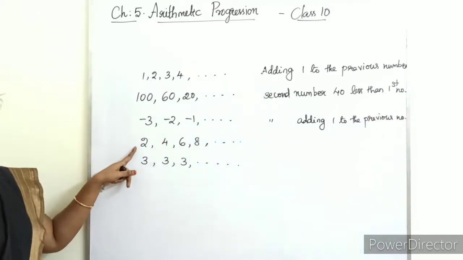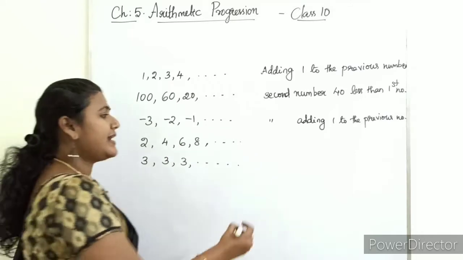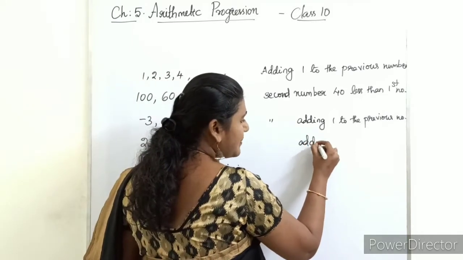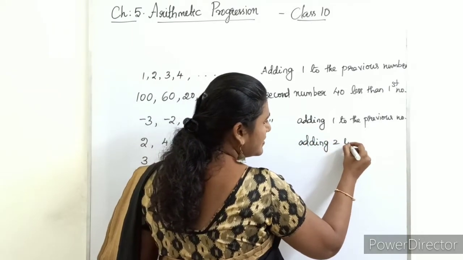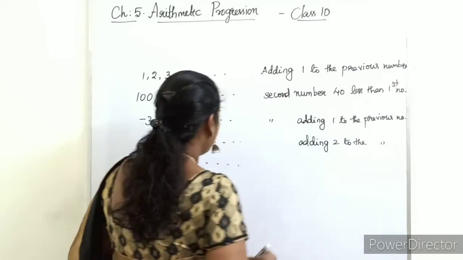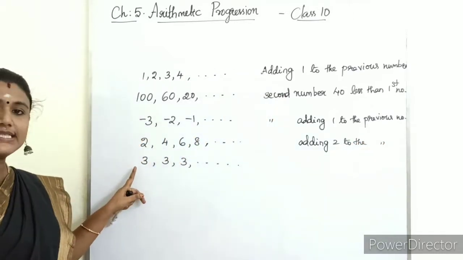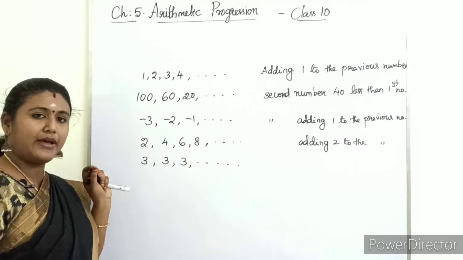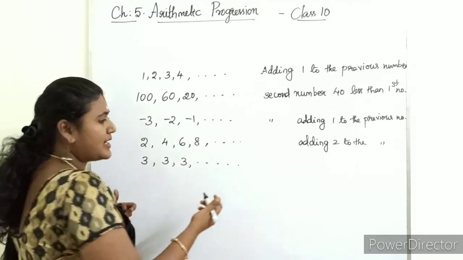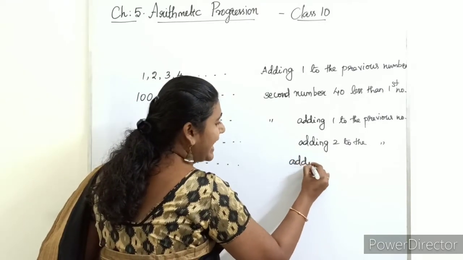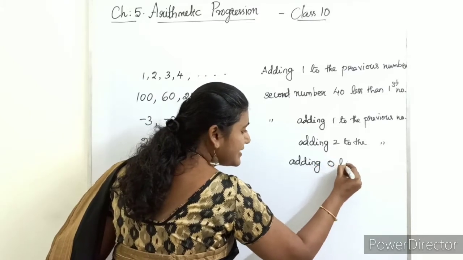And then this example, 2, 4, 6, 8. Here we are adding 2 to the previous number. And the last one, 3, 3, 3. Every number is 3 only. So what is its meaning? We can say that we are adding 0 to the previous number.